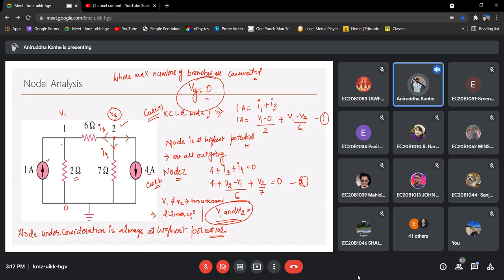So in case A, we have considered node 1, hence we are considering it as the highest potential. That means if no current directions are mentioned in the circuit, then we'll always consider that the currents for those particular branches are outward with respect to that particular node. Is it okay? Yes, sir.